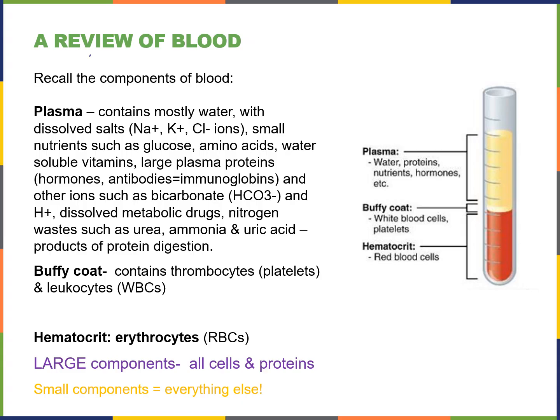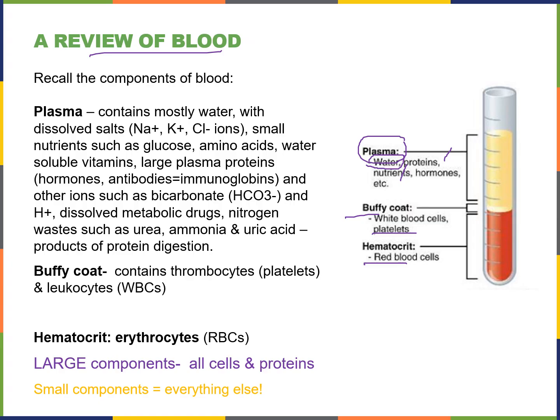And review blood. So the components of blood. Remember, blood has a liquid portion that we call plasma, and then a solid portion that we call the formed elements. If we look at the formed elements, we would find white blood cells, red blood cells, and platelets. And in plasma, because it is mostly water, we find substances that can dissolve in plasma.